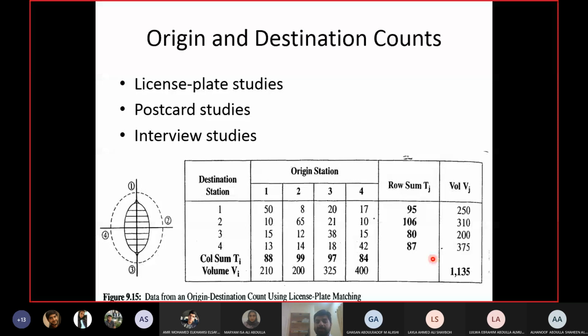You will say, okay, this is how much accuracy I want, and this is where we are stopping. The ideal value of all the factors should be 1, because 1 means the summation of the row and column is equal to the volume, which is what we want. When this becomes 1, we will finish.